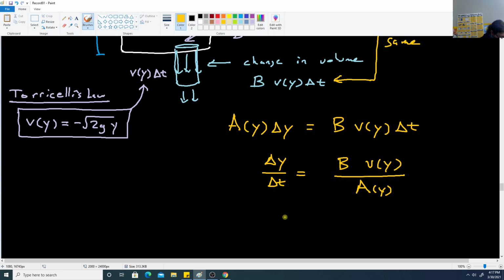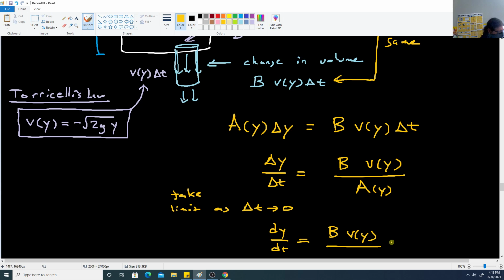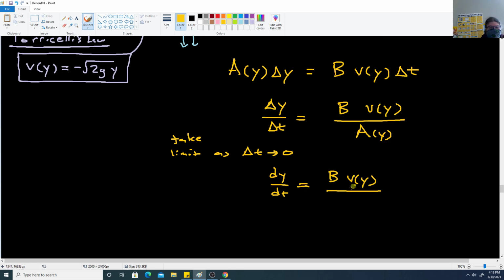If we take the limit as delta t goes to 0, then delta y over delta t becomes dy over dt. So if the change in time approaches 0, this average rate of change becomes an instantaneous rate of change, which will be solved in terms of this.